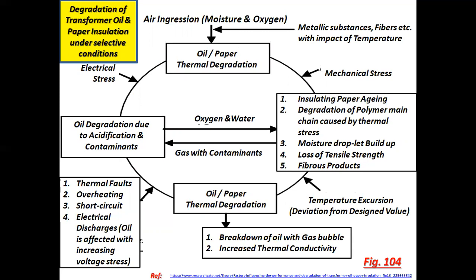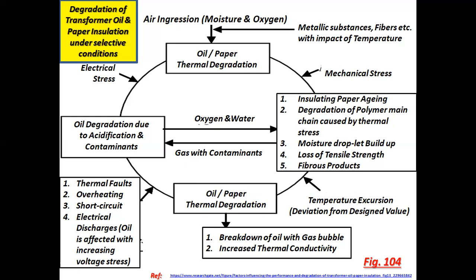For mechanical stresses, insulating paper aging. Number 2, degradation of polymer main chain caused by thermal stress. Number 3, moisture droplet buildup. Number 4, loss of tensile strength. Number 5, fibrous products. Whereas electrical stress causes oil degradation due to acidification and contaminants.